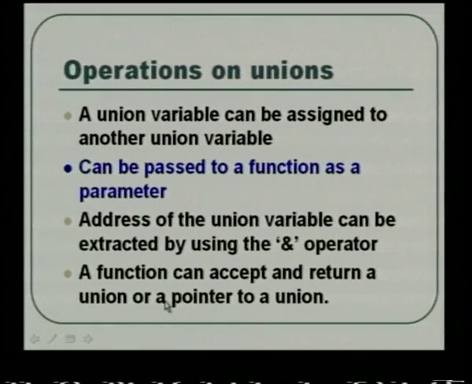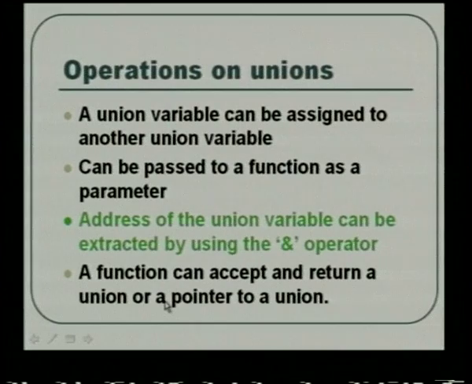We saw this in structures, where we copied elements from one structure variable to another. We can do it using the assignment operator, or we can take each member of the structure and explicitly assign its value to another variable. It can be passed to a function as a parameter, as we saw with passing by value as well as passing by address. Both are possible with unions.